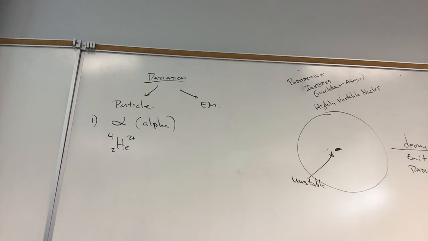One way you might try to get rid of the polonium is to use what? Maybe use a chelating agent. What would be a chelating agent that you might use to try to get rid of polonium? Starts with an E, ends with an A. EDTA.